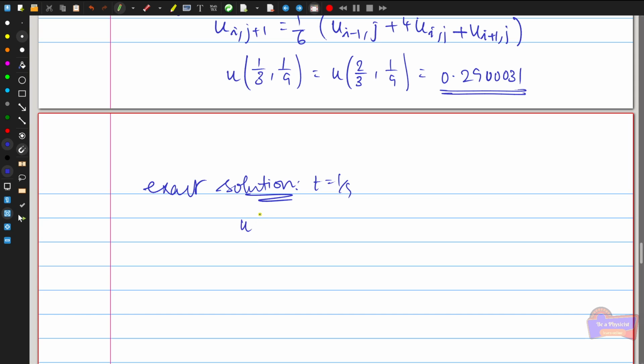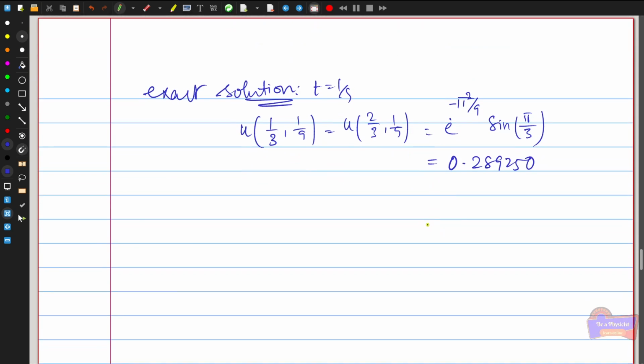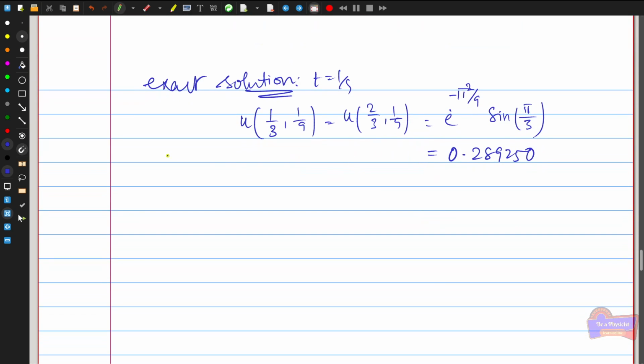The exact solution u of 1 by 3 comma 1 by 9 and u of 2 by 3 comma 1 by 9 is equal to the exponential of minus pi squared divided by 9 into sine of pi by 3, because the value of t is 1 by 9. So the final value of the exact solution is 0.289250. Okay. So this is the exact solution, and I can compare it with the numerically calculated solution.